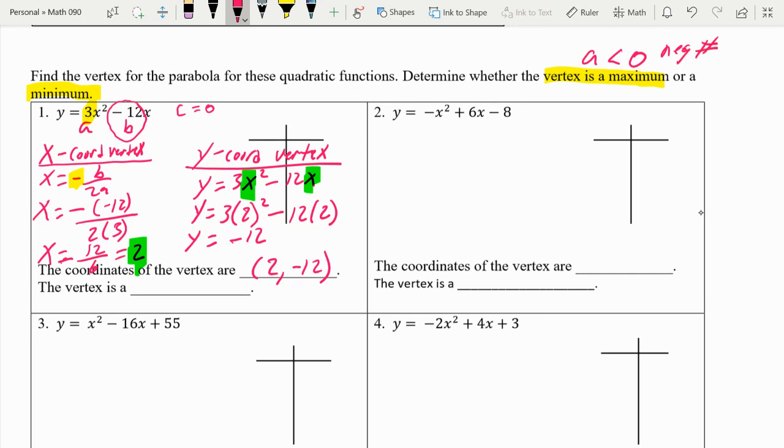For the vertex to be a minimum, A is going to be greater than 0, or a positive number. Well, we look at our case, A is 3, so we end up with a minimum.